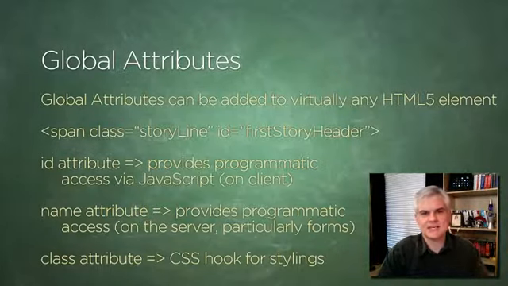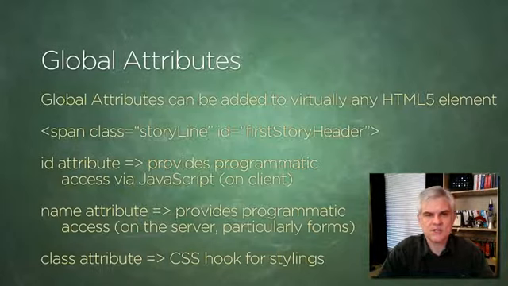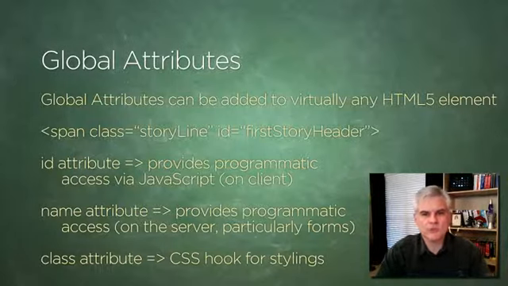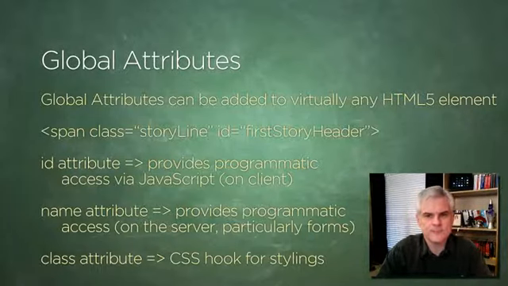Similar to the ID is the name attribute, which is typically used on the server side to process form data. I'm going to discuss this in a little more detail when we get to the lesson on creating forms. It's similar in purpose, but typically it's utilized by our server-side code logic to retrieve a user-submitted value. Let's just table that discussion for right now.